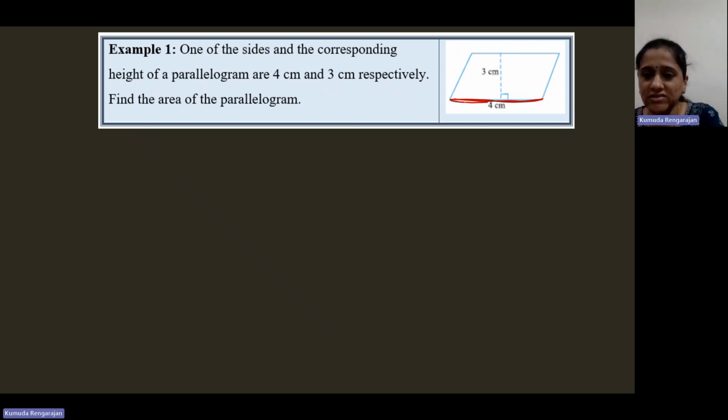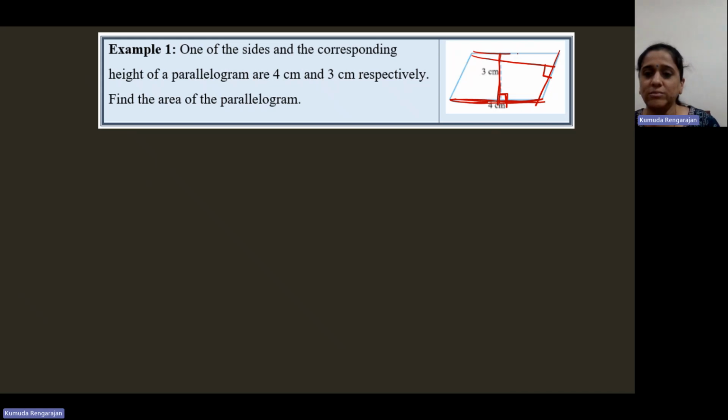If you take this as the base, the altitude should land on this base. So see here, this is the altitude on this base. If you take this as the base, you must take the altitude on that base.